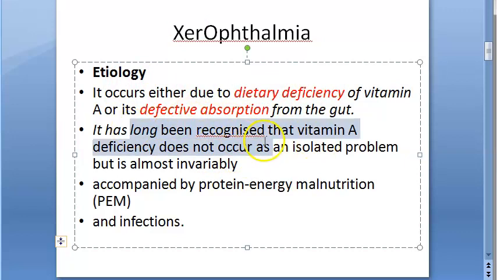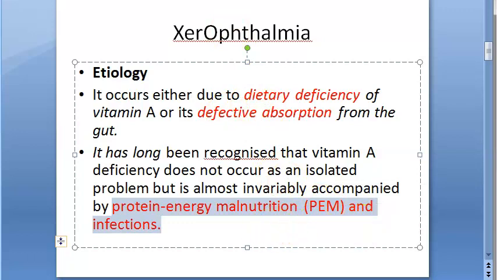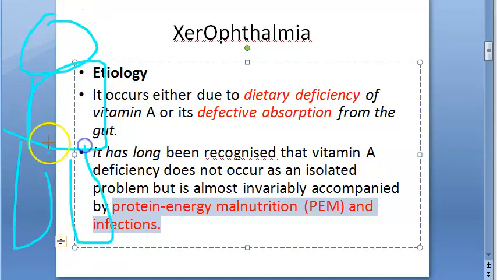It has long been recognized that vitamin A deficiency does not occur as an isolated problem. A lot of manifestations will be there in the body, like protein energy malnutrition and infections. Wow, this just got scary. So it's not just this man's eye that is affected now. What and all is affected?